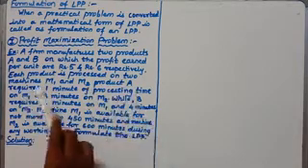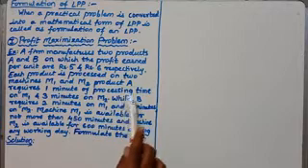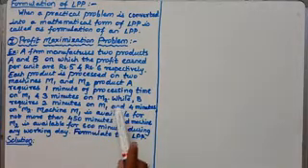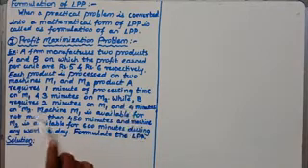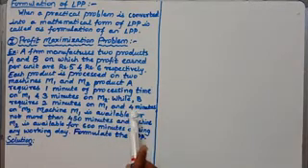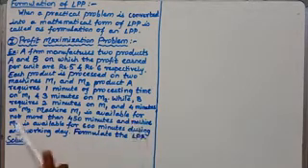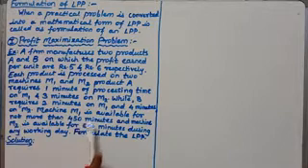Product A requires 1 minute of processing time on M1 and 3 minutes on M2, while B requires 2 minutes on M1 and 4 minutes on M2. Machine M1 is available for not more than 450 minutes and machine M2 is available for 600 minutes during any working day. Now, the question is to formulate the LPP.